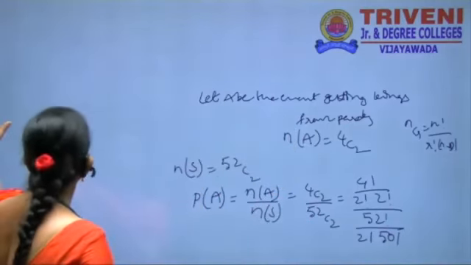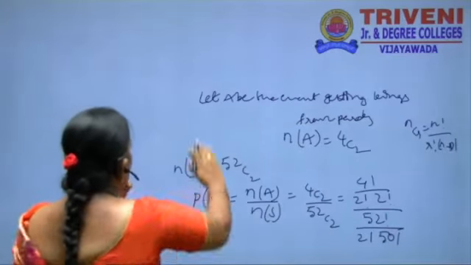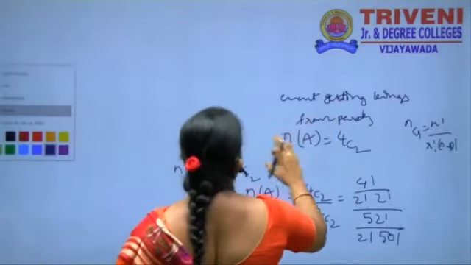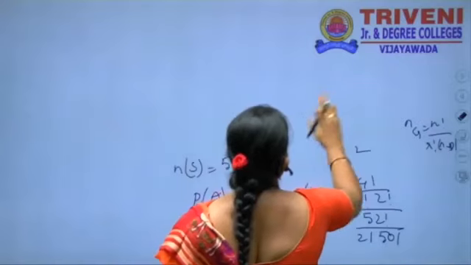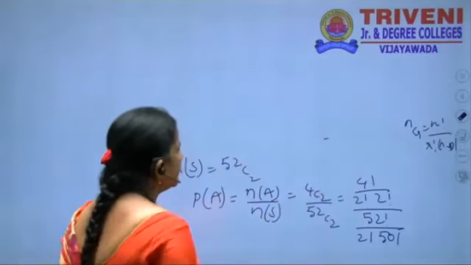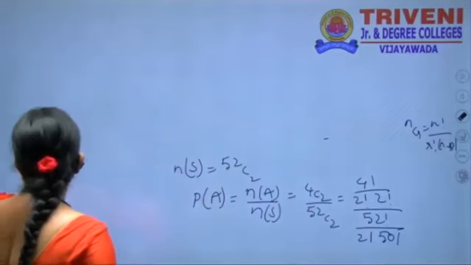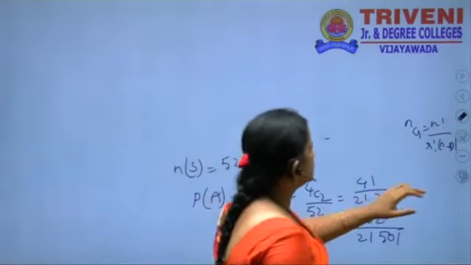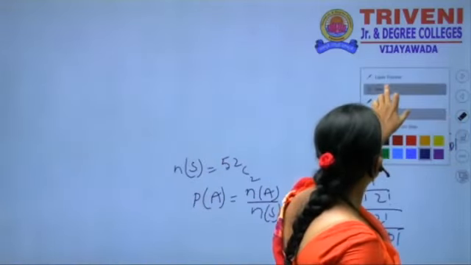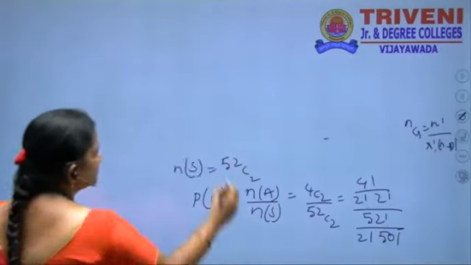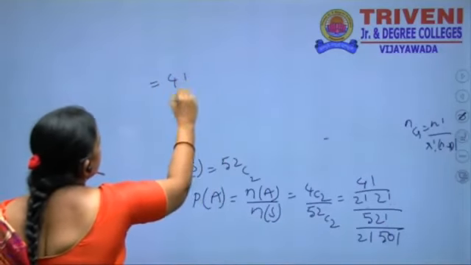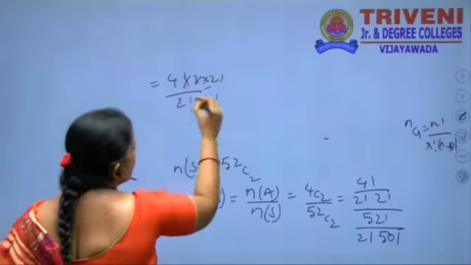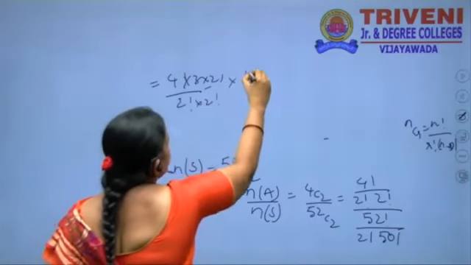Simplifying, 4 factorial is 4 into 3 into 2 factorial, and 52 factorial is 52 into 51 into 50 factorial.